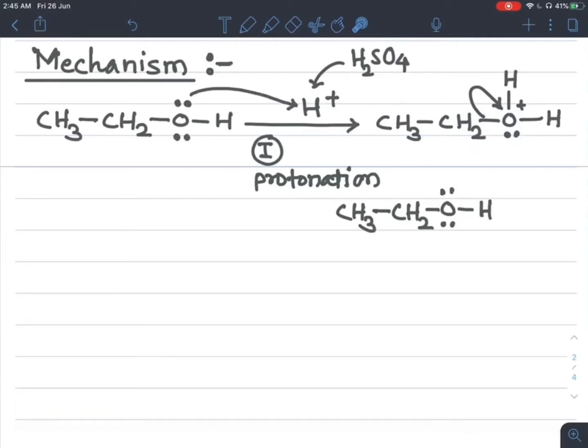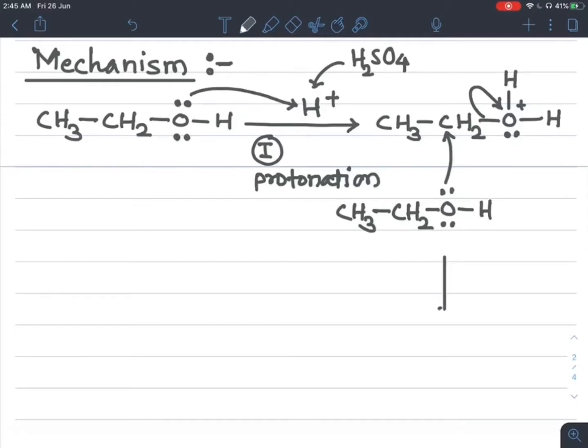Now this oxygen again donates its lone pair of electrons to this carbon for bonding. With this lone pair donated to this carbon, the bond now breaks easily from here, and both electrons go to the oxygen. So what do we get as the product here?